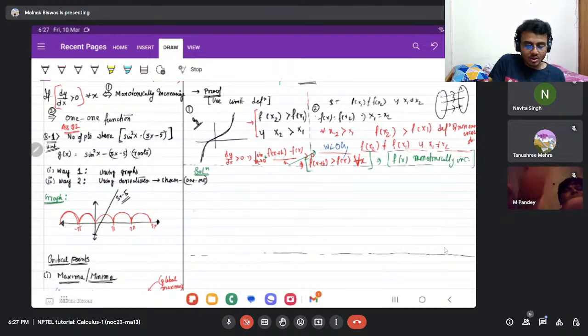Because sin x is always less than x. Similarly, sine square x is always less than x, because it's for smaller values.